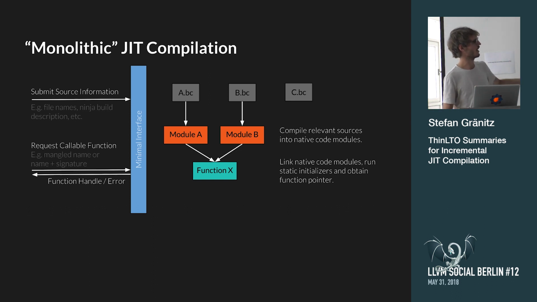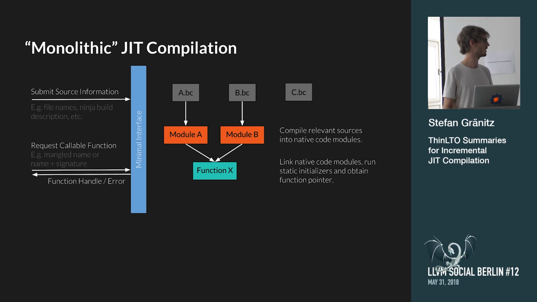We would have some kind of interface, and we would recompile everything every time and reset all state and restart from scratch whenever we change something. So we would probably have some interface where we can submit source information, like these are the files we use, this is ABC bitcode here, via file names, a description, whatever. And we would probably have an interface for requesting callable functions.